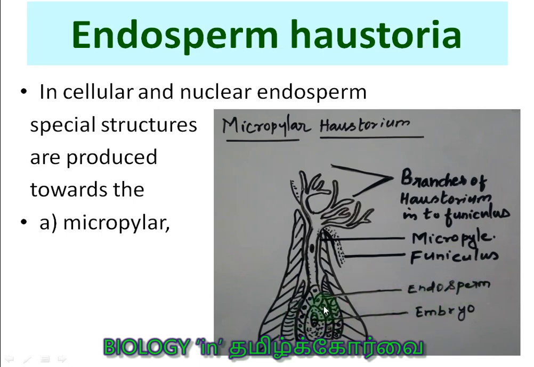Endosperm starts producing its haustoria through the micropyle, so it is called micropylar haustorium. It starts branching of haustorium into the funiculus. In this particular species, within the funiculus, it starts branching and absorbing the nutrients. What is funiculus? It is the stalk of the ovule. From there it gets the nutrients. So this is micropylar haustorium.